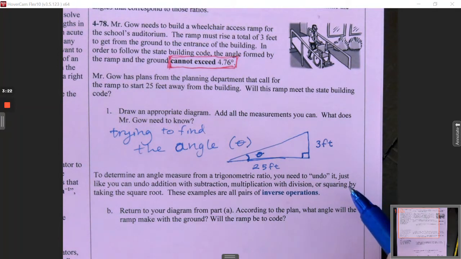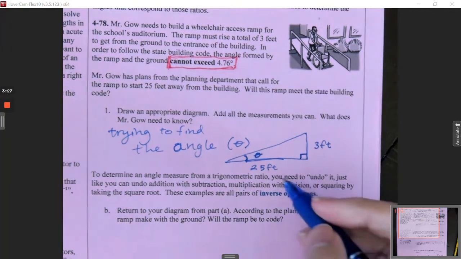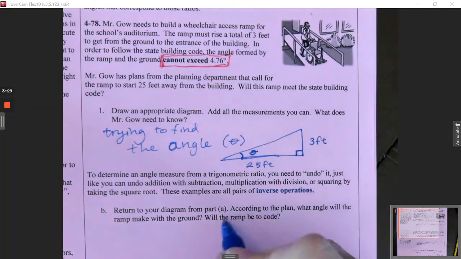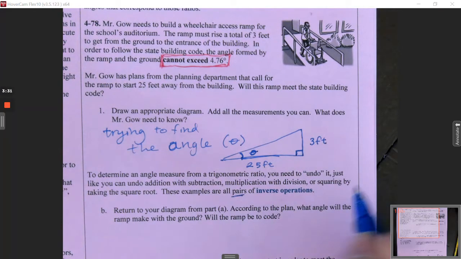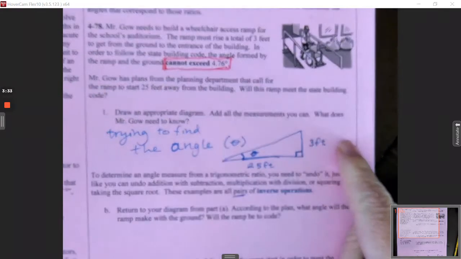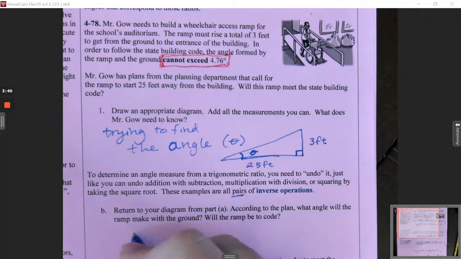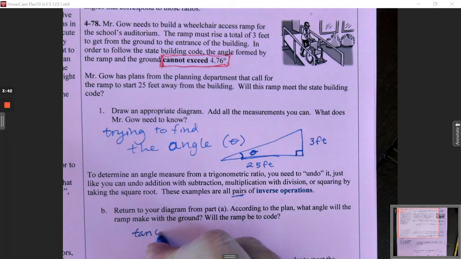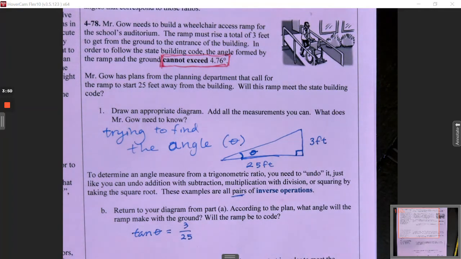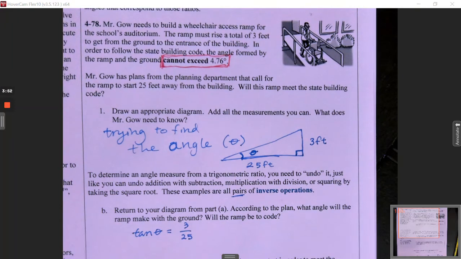Okay, return to our diagram. According to the plan, what will the angle of the ramp be and will the ramp be to code? So we would set up tangent of theta equals 3 over 25. Okay, and I'm going to go ahead and see how bad the decimal is for 3 over 25, using a simple calculator on my phone. 3 divided by 25.